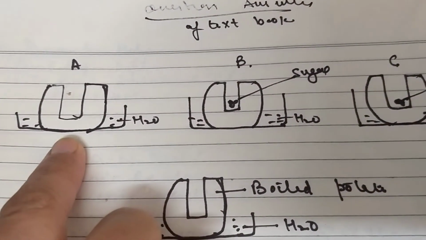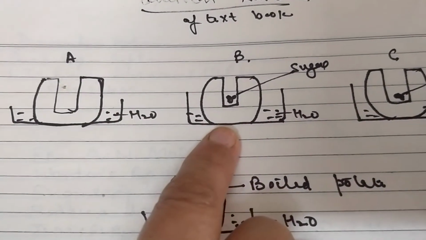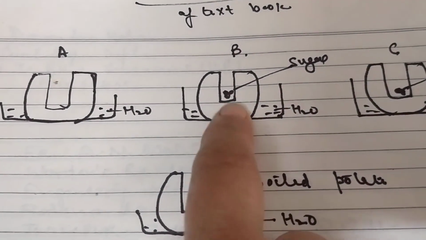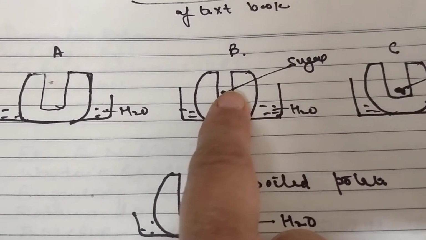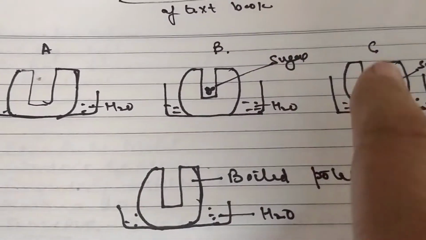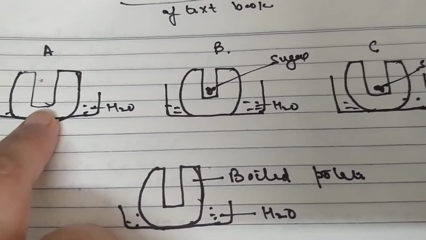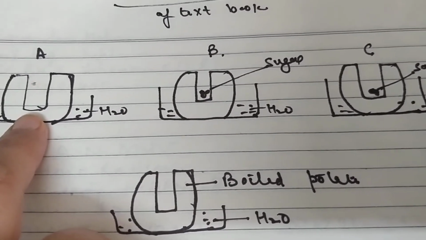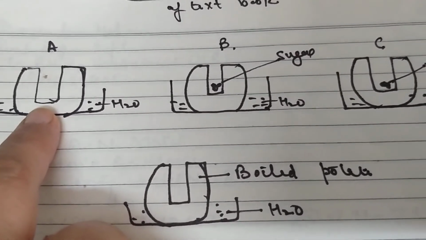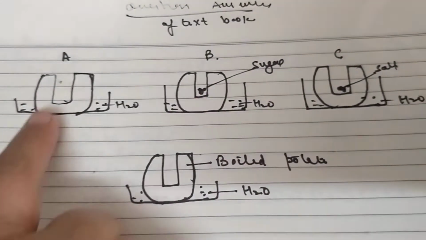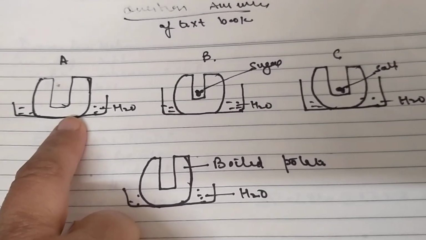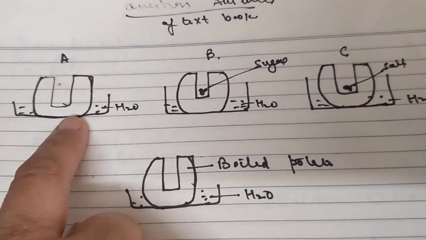This is a control experiment, for comparison of our result. भाई अगर हम इसको नहीं रखेंगे तो हमें क्या पता खाली पोटैटो में भी पानी अंदर जाता हो. तो इसको देखने के लिए भी, शुगर होगी, सॉल्ट होगा, तभी पानी अंदर जाएगा, खाली में नहीं जाएगा. We have to use a control experiment. जब भी हम कोई भी छोटा सा भी एक्सपेरिमेंट, एक्टिविटी करते हैं, we always use a control just to compare our results. So A is used as a control experiment to compare our results.